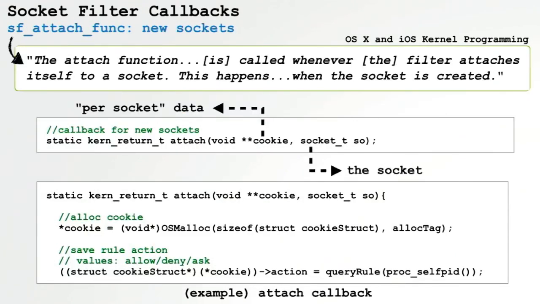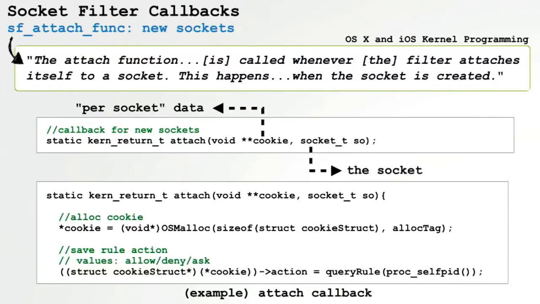All right, so now let's talk about these callbacks, which, as I mentioned, once your socket filter is installed, the operating system will automatically invoke when socket actions occur, allowing your firewall to examine and either allow or block these events. First up, we have the attach callback. As the slide mentioned, this is called anytime a socket is created.